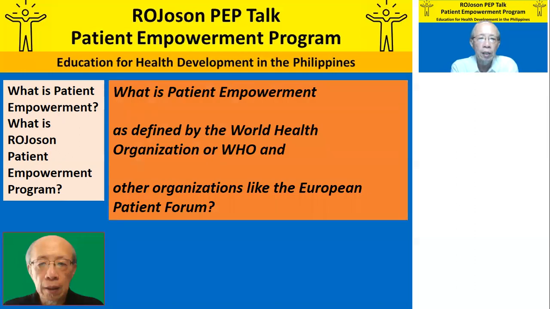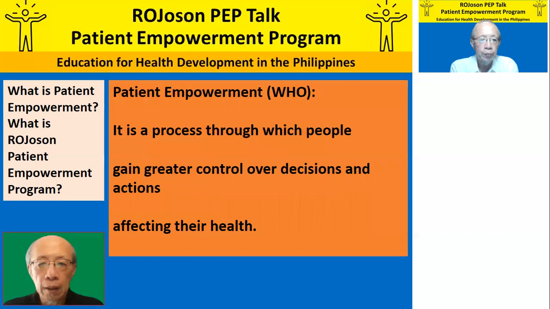What is patient empowerment as defined by the World Health Organization or WHO, and other organizations like the European Patient Forum? The WHO defined it as a process through which people gain greater control over decisions and actions affecting their health.